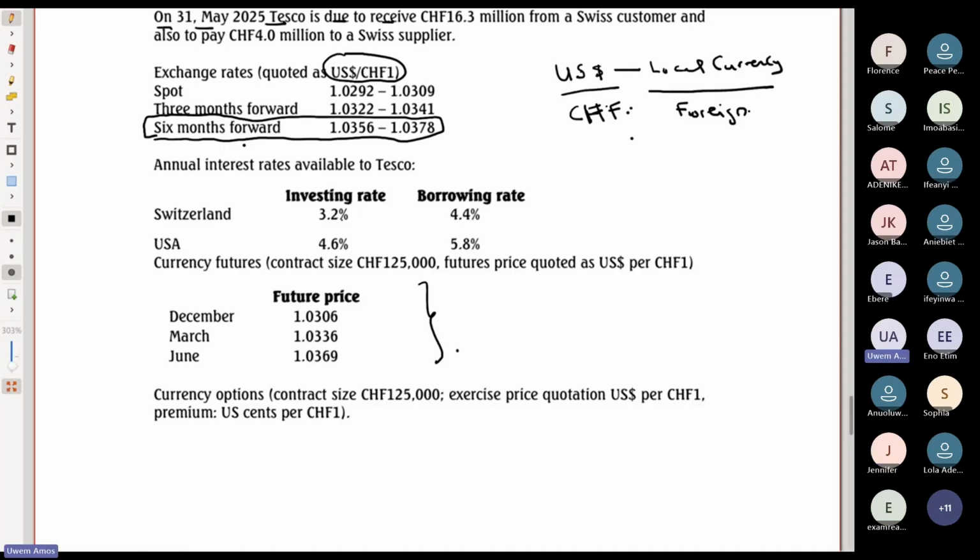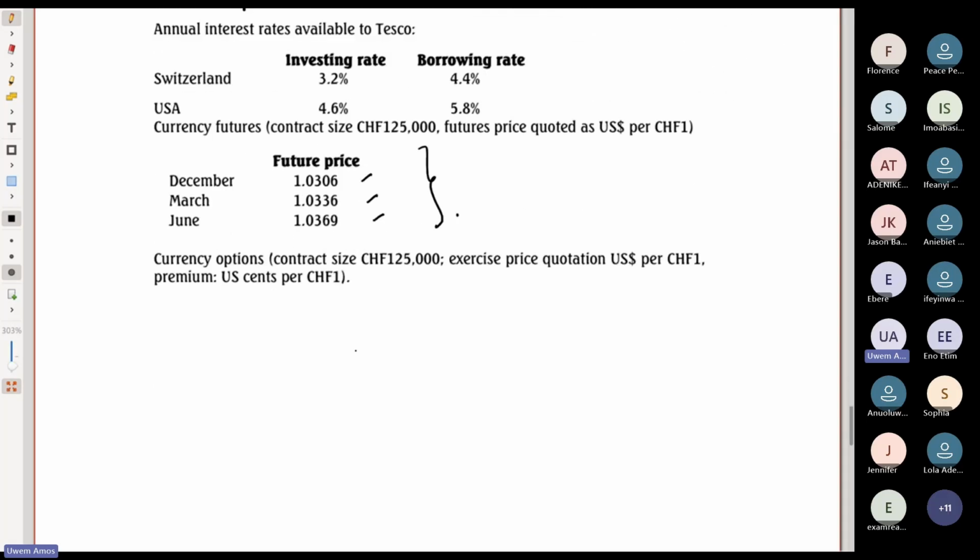No. So our futures are maturing in December, in March, and in June. We don't have a future that's maturing on 31st May. So because we don't have futures maturing on 31st May, we buy the next available one. So which is the next available one? The June. So the futures we're going to buy is the June futures, and that has a price of 1.0369.